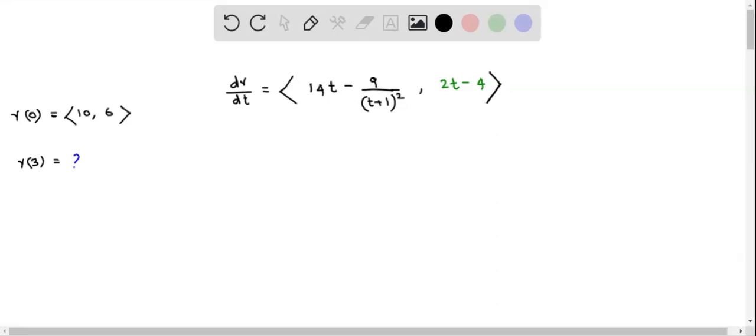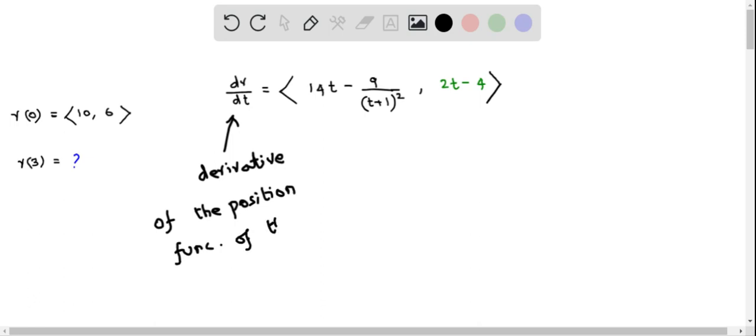In this question, we are given the derivative of the position function of the particle, that is dr by dt. This is basically the derivative of the position function of the particle.